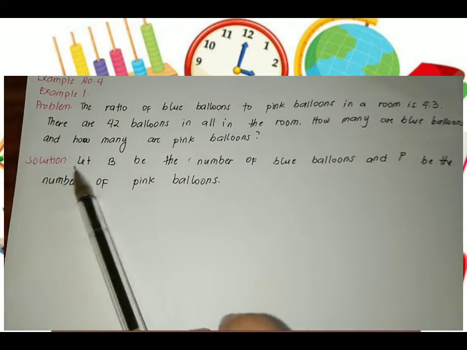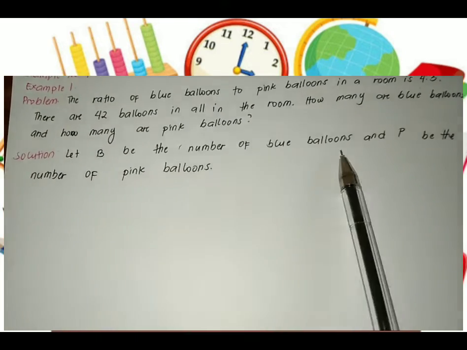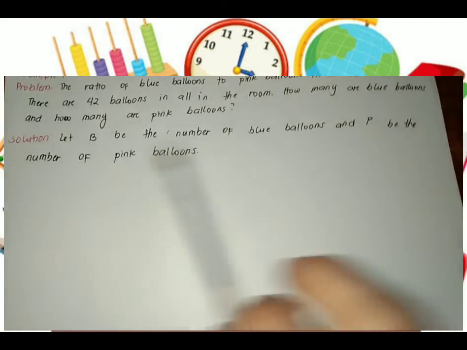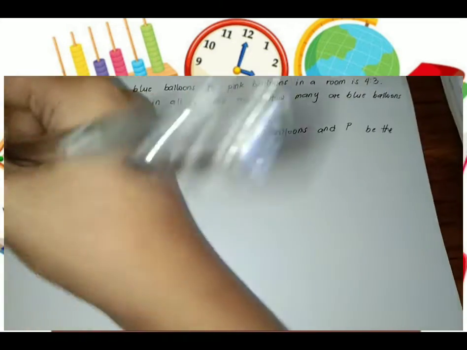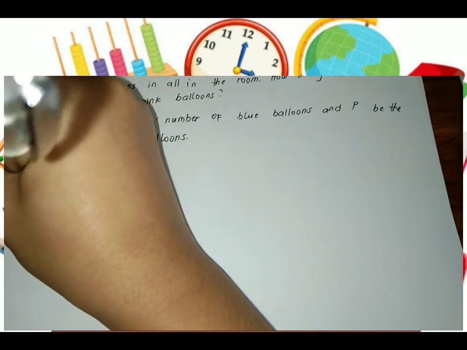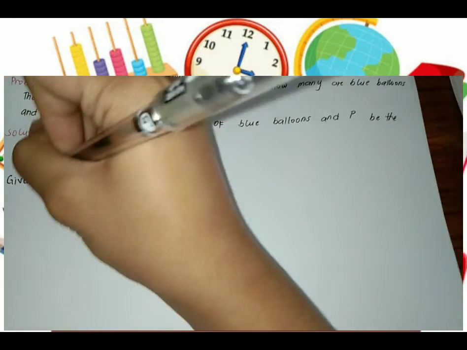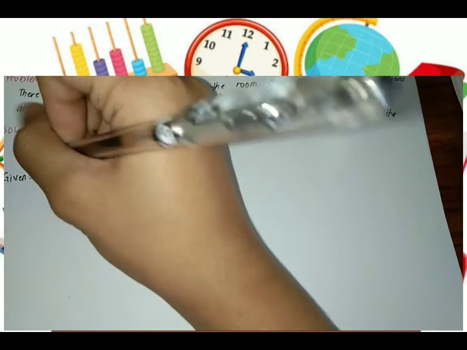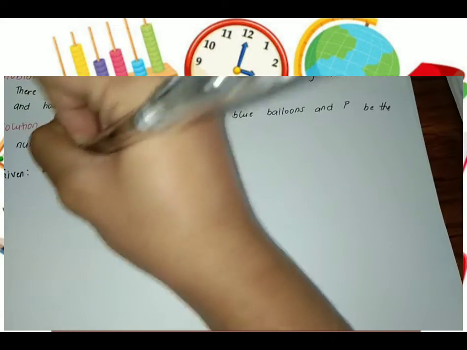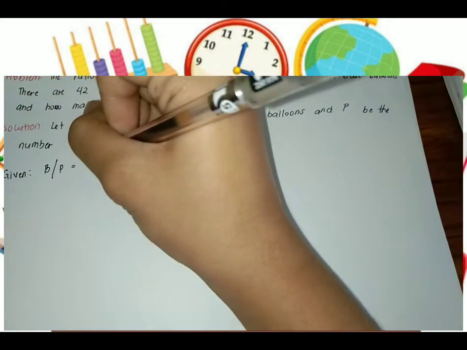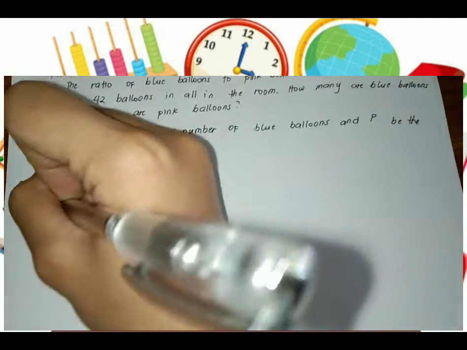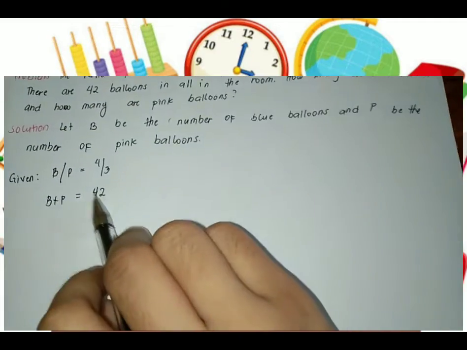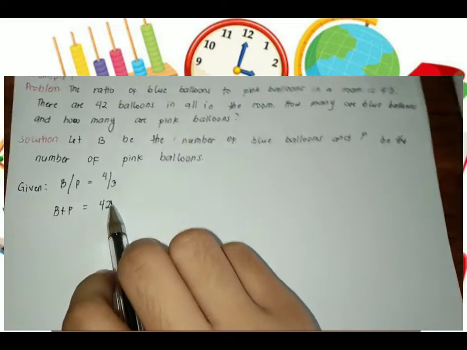The solution: let B be the number of blue balloons and P be the number of pink balloons. The given is B over P is equal to 4 over 3. Now, B plus P is equal to 42, the total number of balloons.